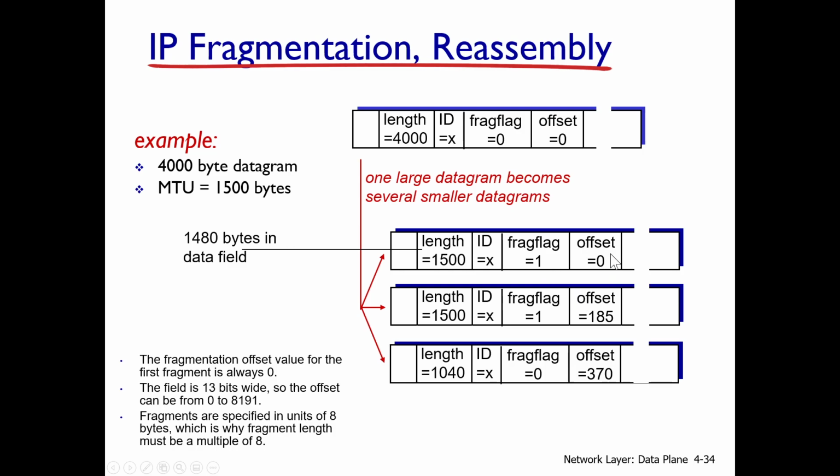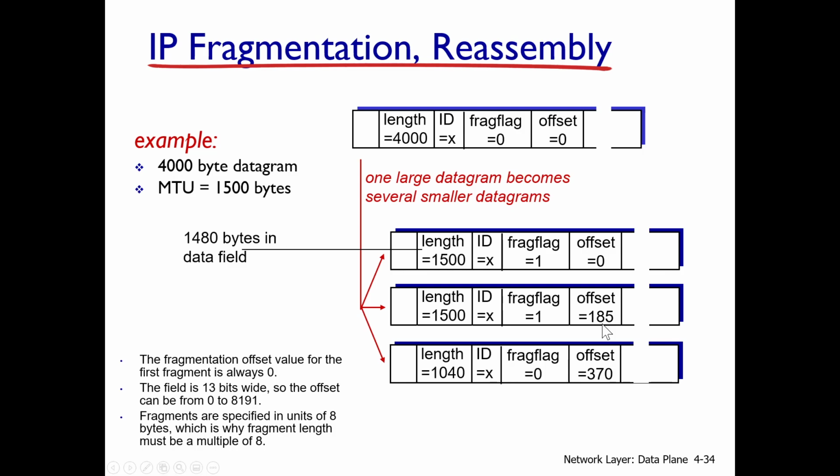So we use this offset as the position of that fragment. The first packet starts from 0. The field is 13 bits wide, so the offset can be from 0 to 8191. And fragments are specified in units of 8 bytes, which is why fragment length must be a multiple of 8.